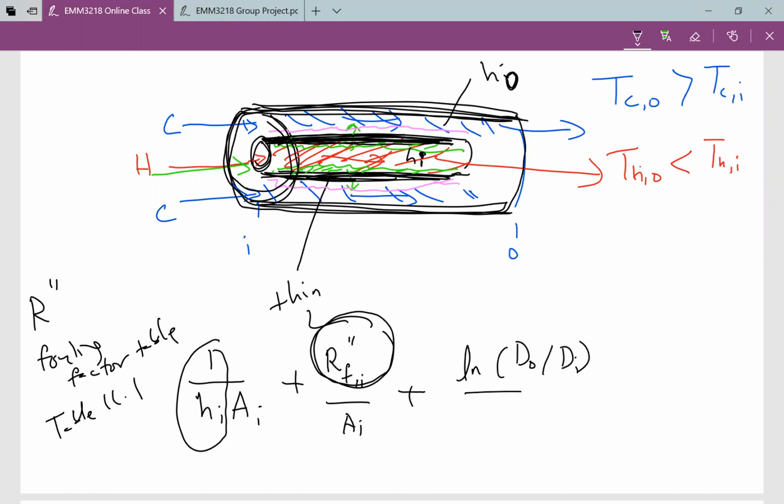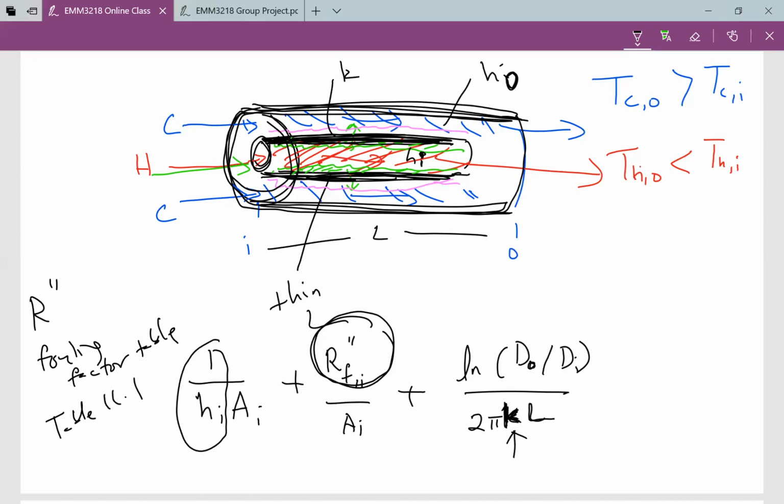So this is actually for the conduction across the thickness, of that solid, not the fluid. This is length, so this has the K, whatever that material is. L is the length of the pipe.